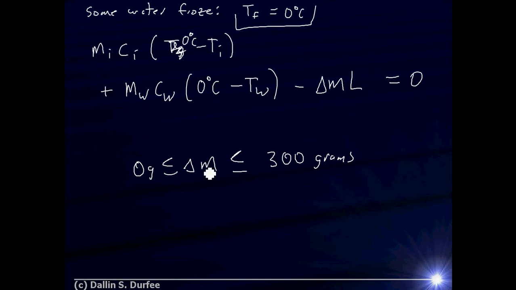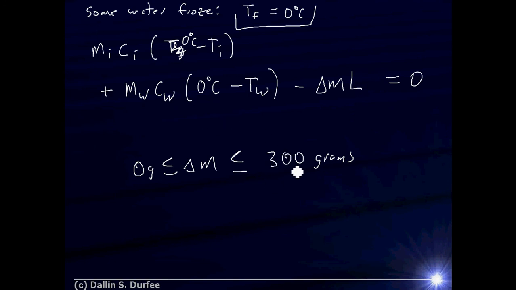But if I find that I froze a negative amount of water, then I chose the wrong thing. That means that some or all of the ice must have melted. If I find a negative amount of frozen water, I actually melted ice is what happened, so I want to try one of the other scenarios. If I find that the amount of ice I melted is greater than 300 grams, then I chose the wrong scenario because I chose that only some of the water froze.